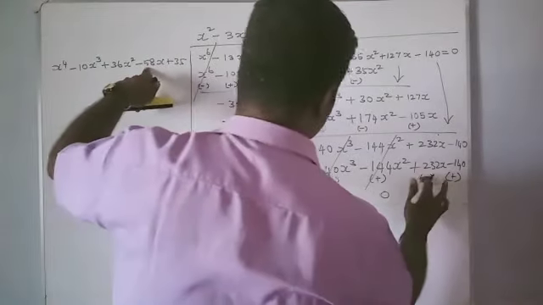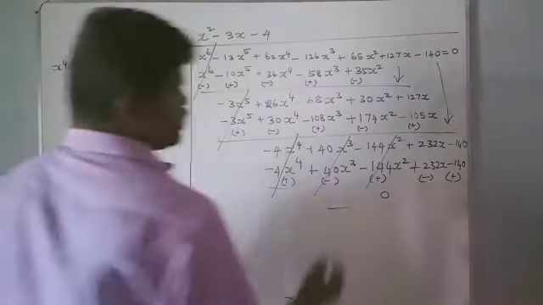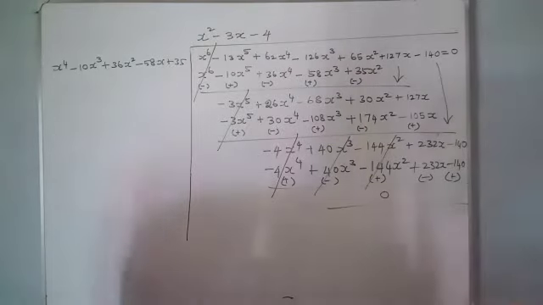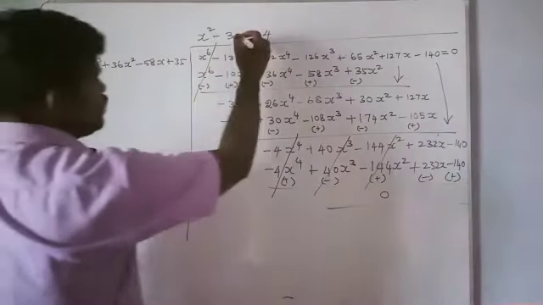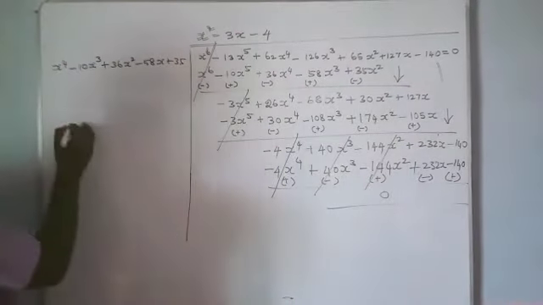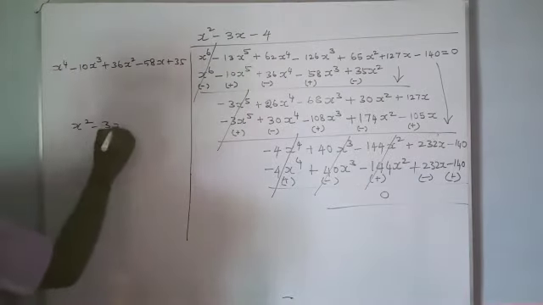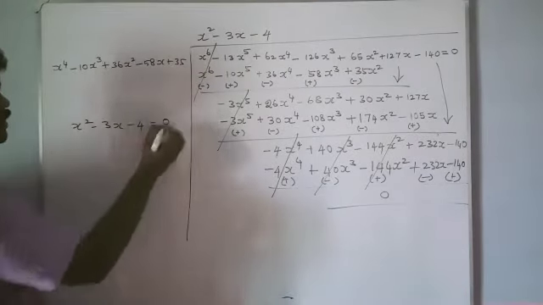This is a plus term, actually this is minus. So totally 0, right? Now we get the factor x square minus 3x minus 4 equal to 0.